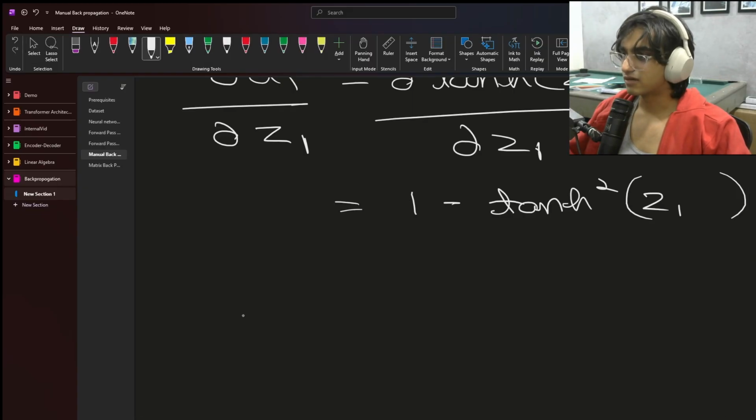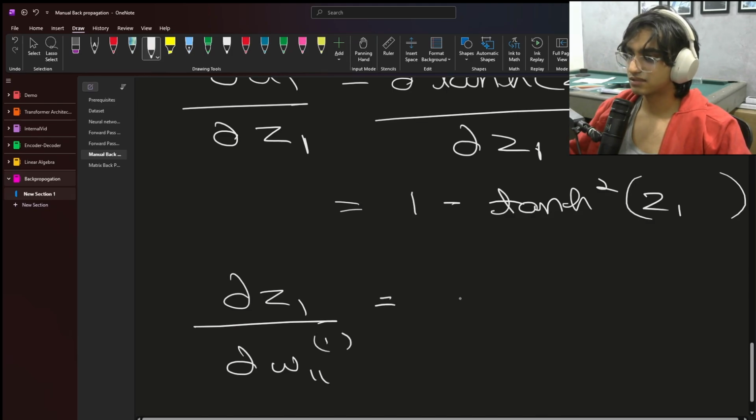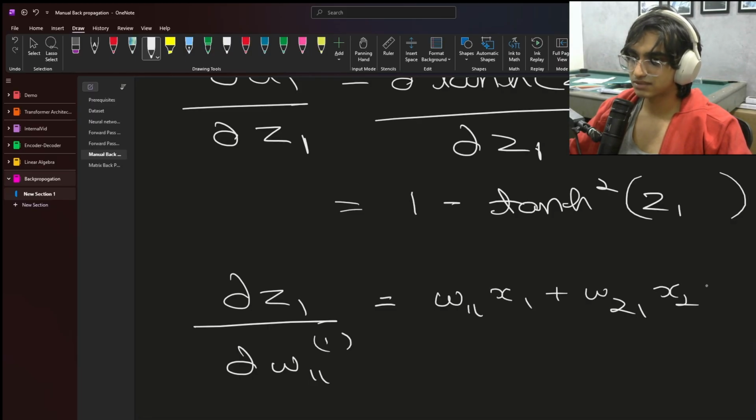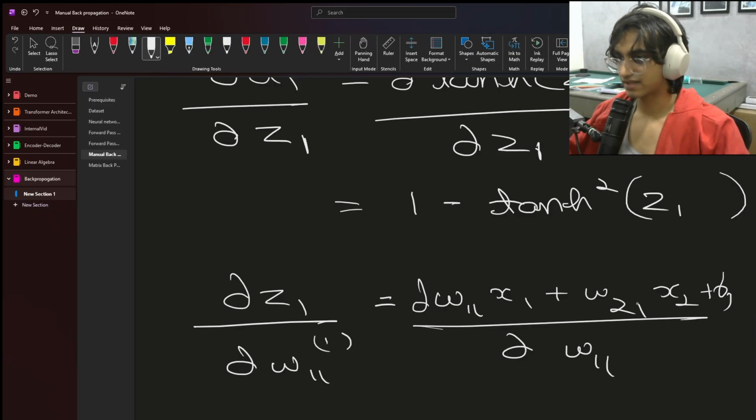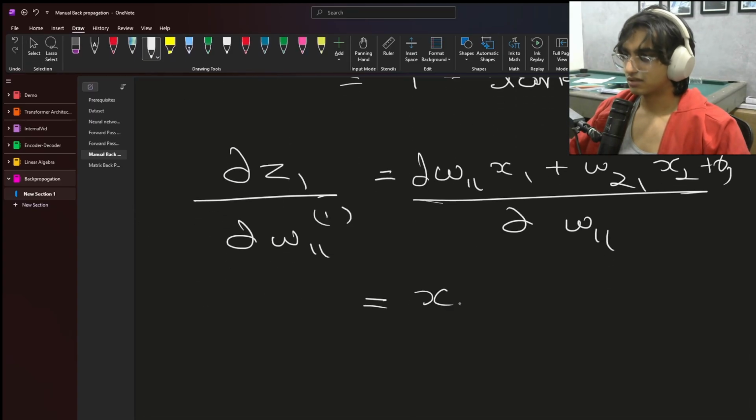And then finally, we do our del Z1 by del W11. So our Z1 is W11 x1 plus W21 x2 plus B1, again partial derivative with respect to W11. Same logic, everything else is constant. So this just becomes x1.